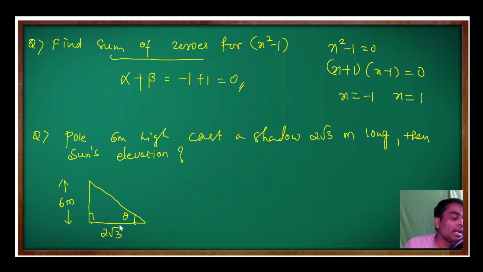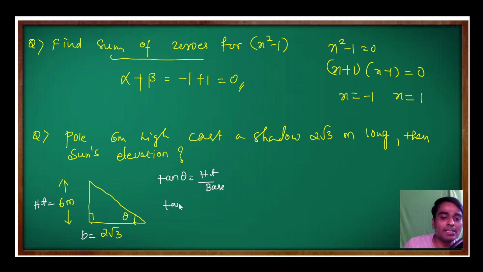How to tackle this, I have told you, right? First focus on what is given to you. Height and base are given. Height and base, which trigonometric function? Tan theta, height upon base.